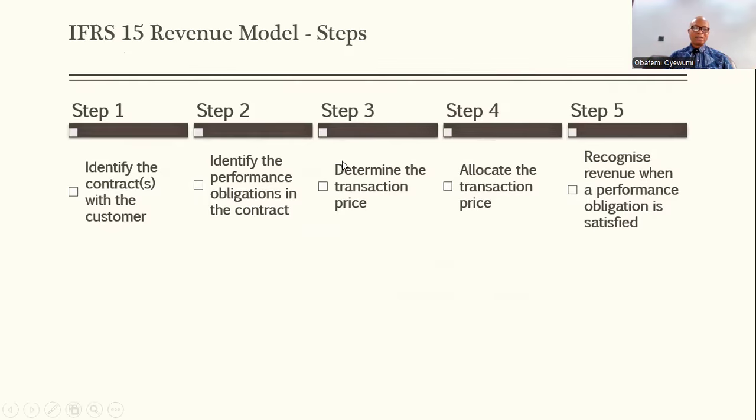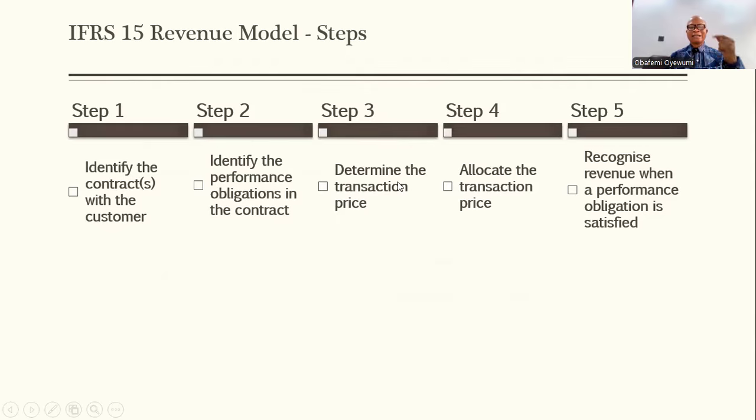All right. Number one, the first step is to identify the contract with the customer. Number two, identify the performance obligations in the contract. We're going to be talking about this in much more detail later. So let's look at the third one.